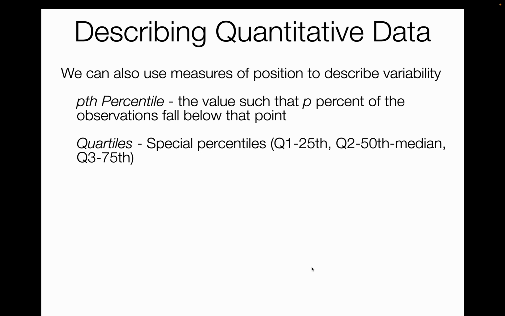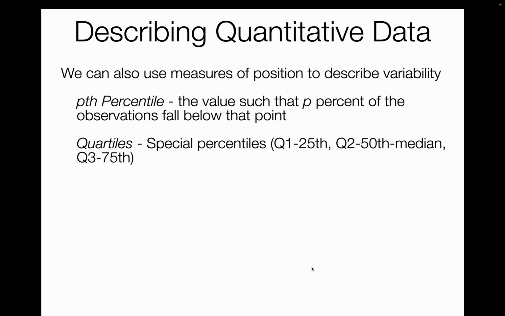And then we have some special percentiles, called quartiles because they cut the data up into quarters. To cut something up into 4 equal parts, you need to make 3 slices, so to speak. So we have 3 quartiles that cut the data into quarters.